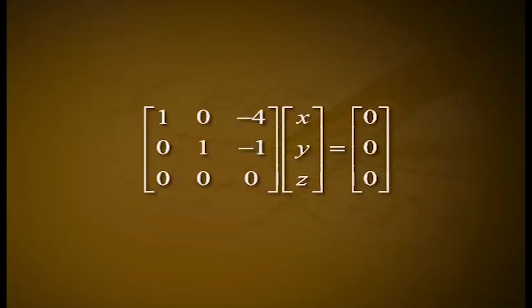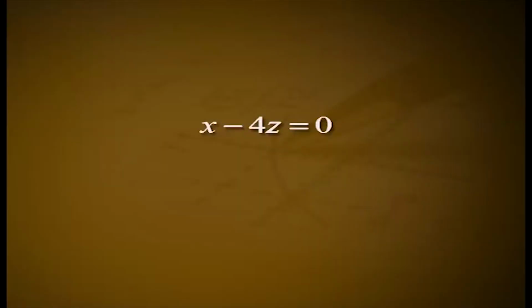Hence, the given system is equivalent to the following system. Matrix 1, 0, minus 4, 0, 1, minus 1, 0, 0, 0 into matrix x, y, z is equal to matrix 0, 0, 0, which gives the system of equations x minus 4z is equal to 0, y minus z is equal to 0.